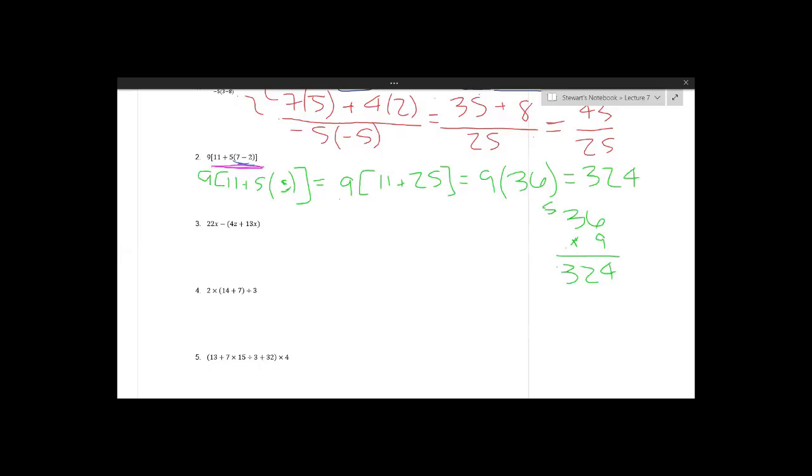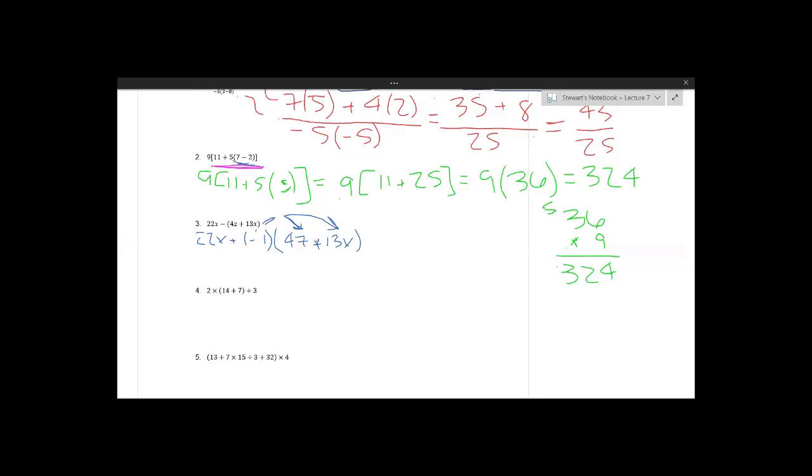So what we really have is 22x plus -1 times 4z plus 13x. So what we can do is distribute this -1 inside to both the 4z and the 13x.